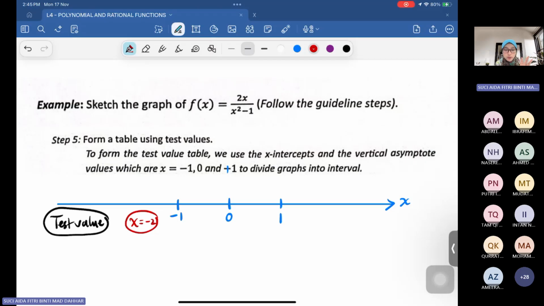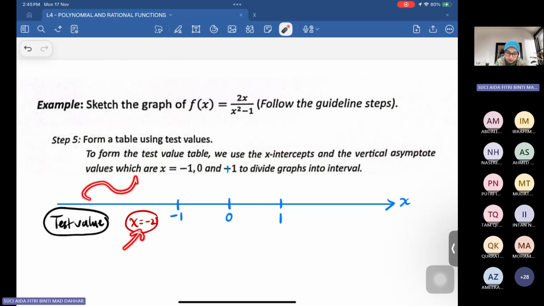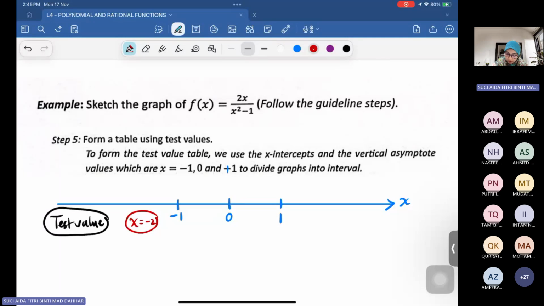For example, you can pick any other, like -3, as long as the value that you pick lies in the interval. For the second interval, what is the number that I can pick here? Between -1 and 0, I can pick -1/2.